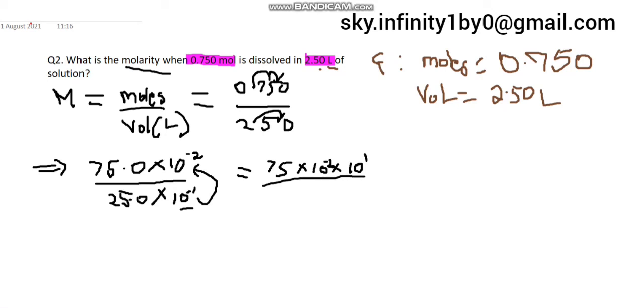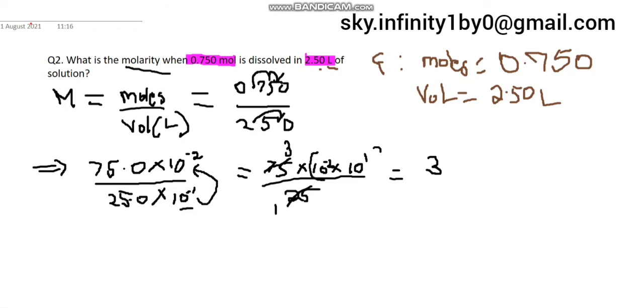And the denominator will have only 25. Now, while solving this equation, 25 ones are 25 and 25 threes are 75. The answer over here will be 3. And now let's look at the decimals.